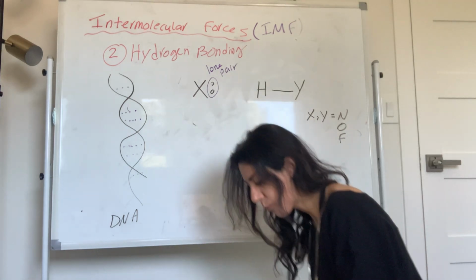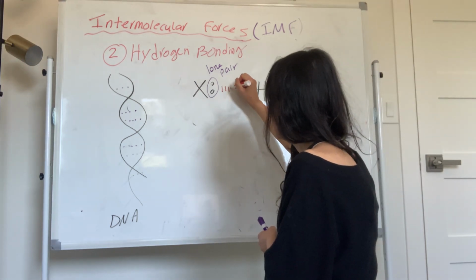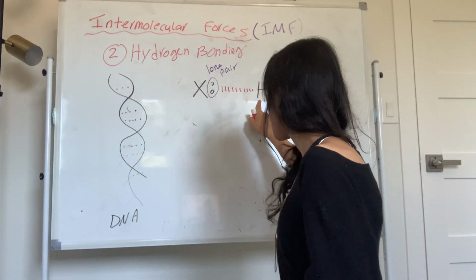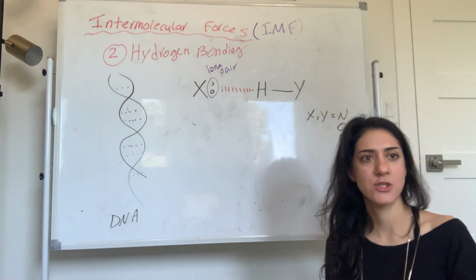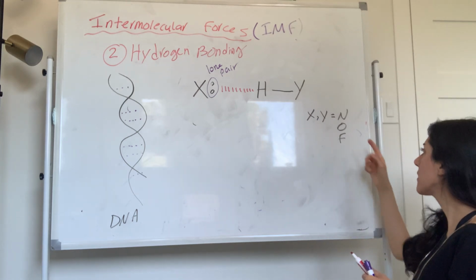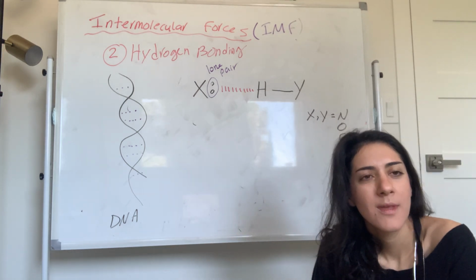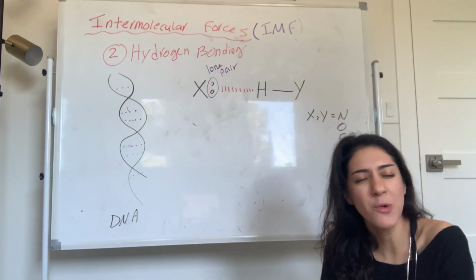Okay. Now, the hydrogen bonding is going to happen between the lone pair and the hydrogen right here. Now, here is what I want you to pay attention to. Nitrogen, oxygen, fluorine. Are those electronegative atoms or not really?